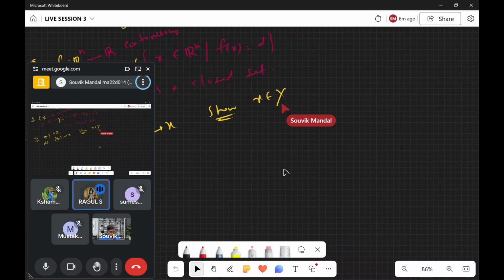Then by definition of continuity of f, limit of f of x_n is equal to f of limit of x_n. Then limit of f of x_n is equal to limit of d, which is nothing but d again. So d can be rewritten as f of limit of x_n, which is nothing but f of x. So f of x is equal to d, and it is closed.